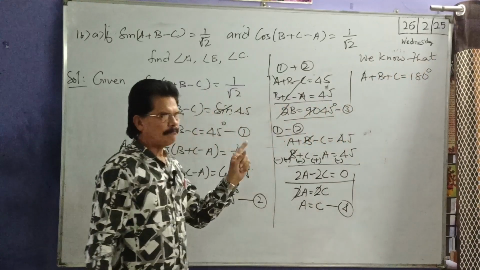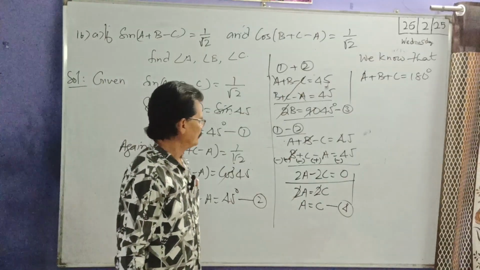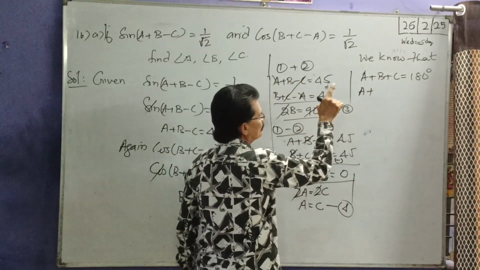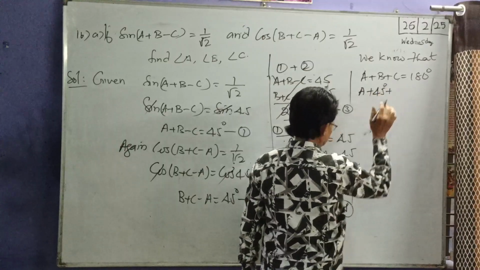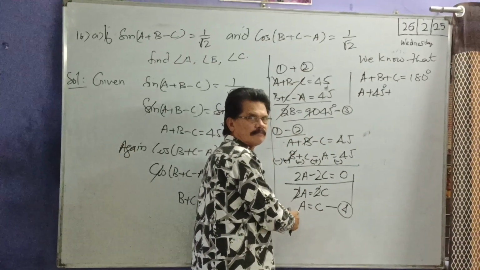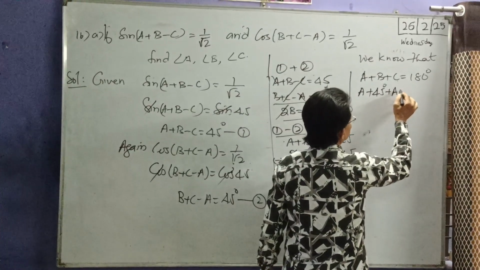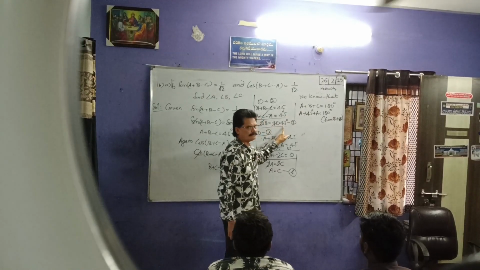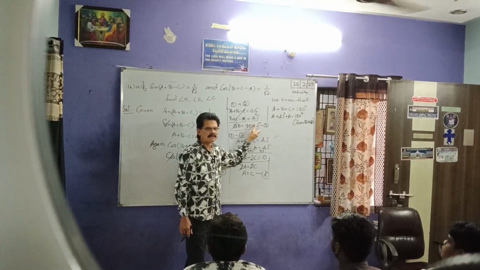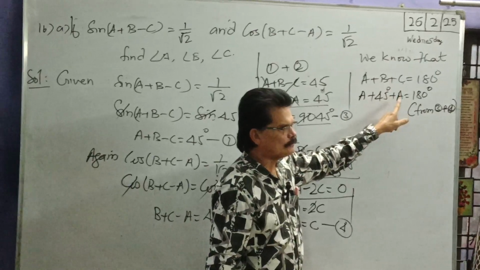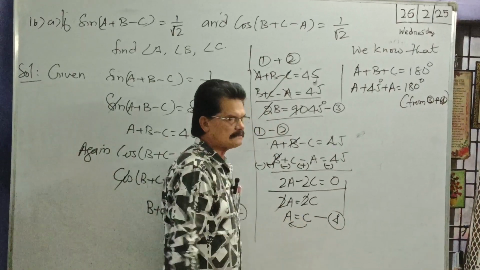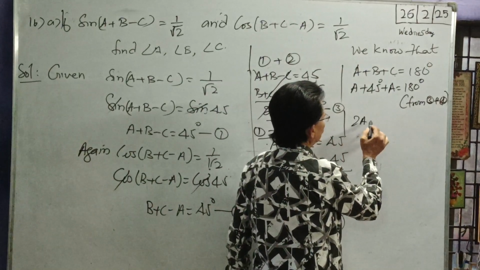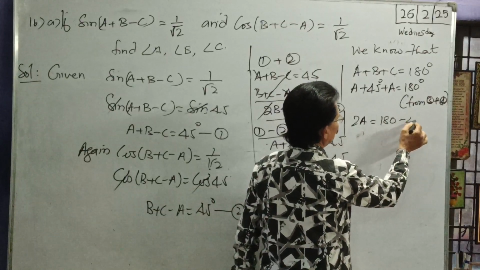B is 45 degrees, and we also know that C is equal to A. So A plus A becomes 2A, equal to 180 minus 45.